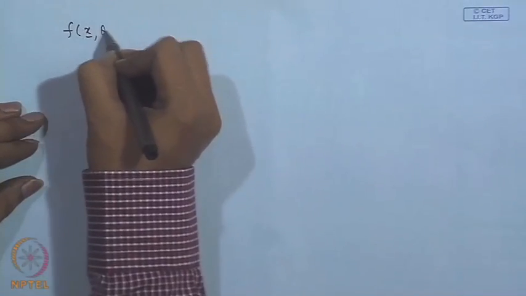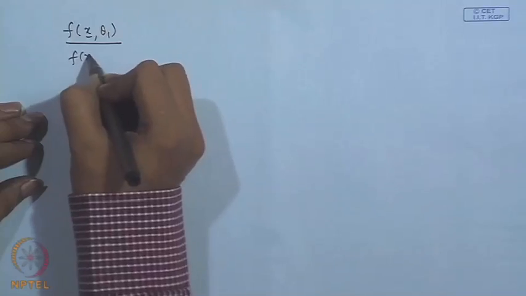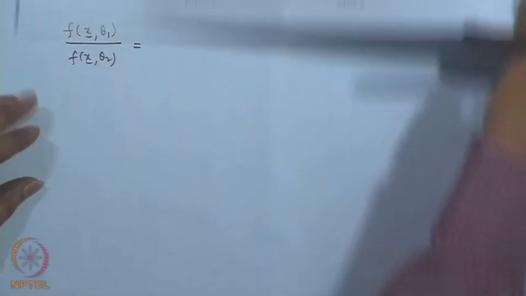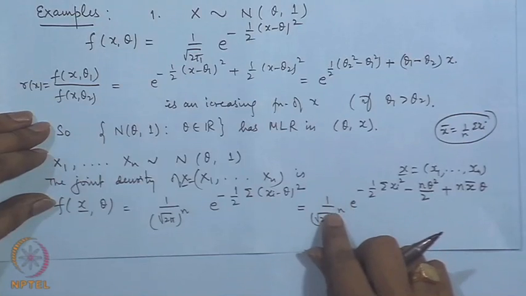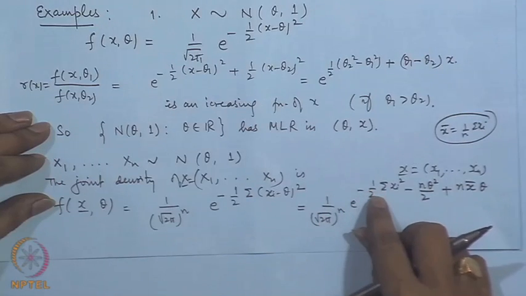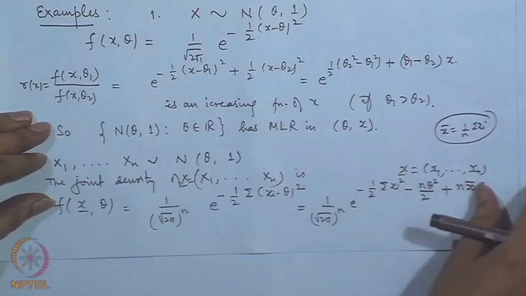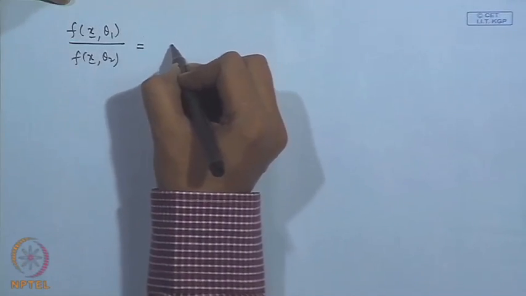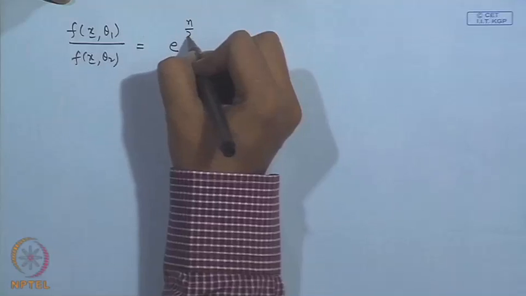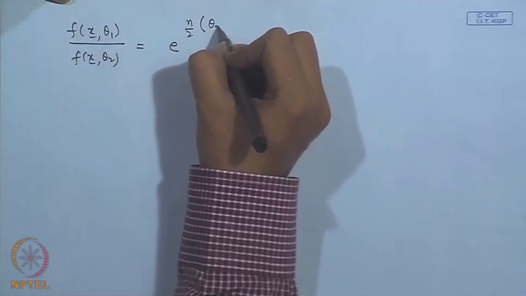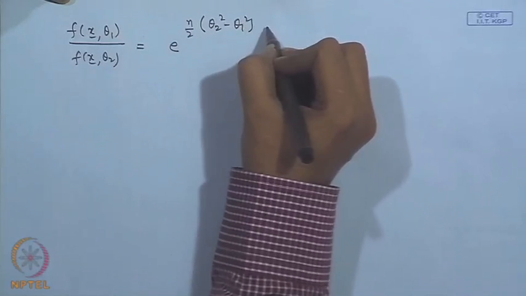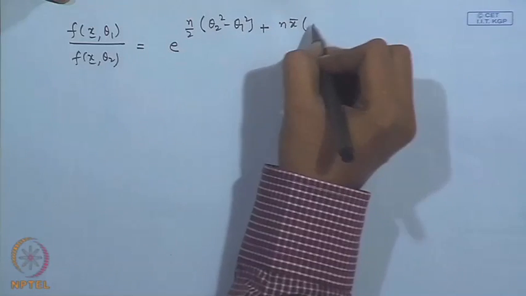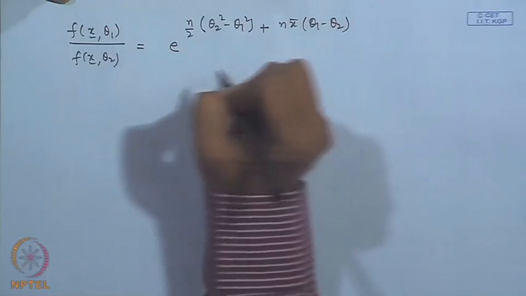f(x, theta 1) divided by f(x, theta 2), that is turning out to be... Now, when you write the ratio, this constant term will get cancelled out, e to the power minus half sigma x i square will get cancelled out. We will be left with e to the power n by 2 (theta 2 square minus theta 1 square) plus n x bar (theta 1 minus theta 2).